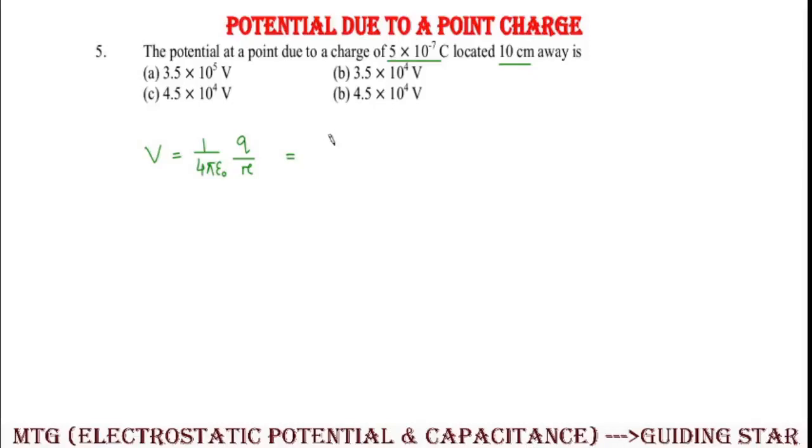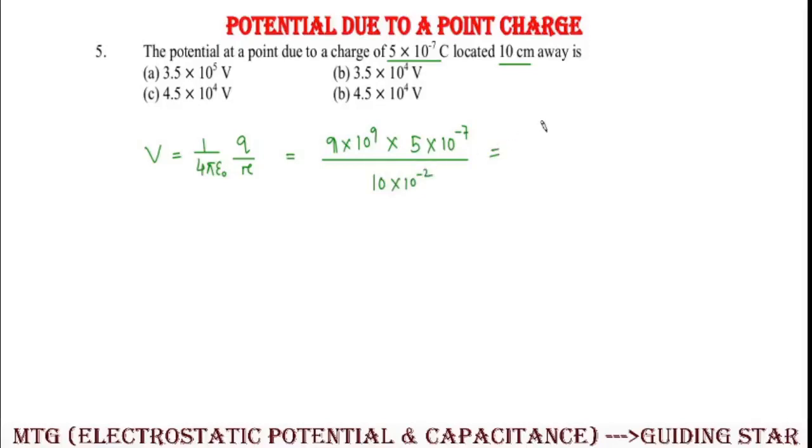Clear? So the value of 1 upon 4 pi epsilon naught is 9 into 10 to the power 9. The value of q is 5 into 10 to the power minus 7, all divided by the distance, 10 centimeter converted into meter, so 10 into 10 to the power minus 2 meter.